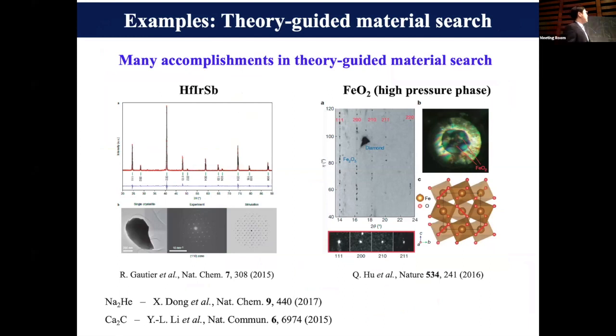There are many accomplishments in theory-guided material design, such as hafnium antimonide, which is not reported in the ICSD database, and also FeO2 at high pressure. All of these materials were proposed theoretically for the first time, and then experiment confirmed the theory.